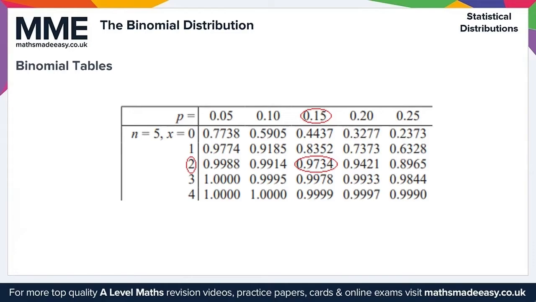Moving on now to binomial tables. Your formula booklet may contain binomial tables, and these give the cumulative distribution function value for the binomial distribution.